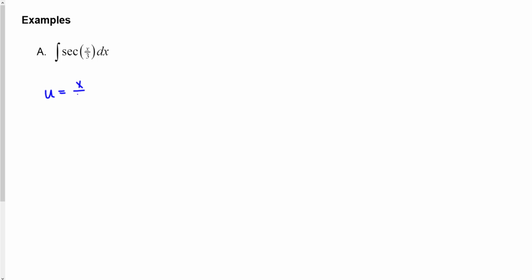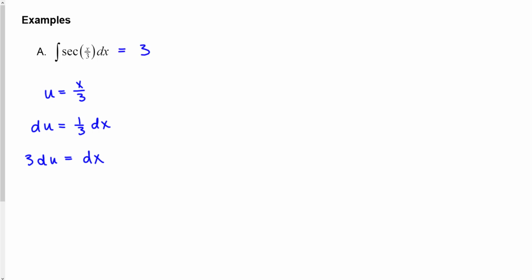So I'll let u be x over 3, so that du would be 1/3 dx. On the outside of the function, I don't have a 1/3 multiplier anywhere, so I'll multiply both sides of this equation by 3, so that I can say 3 du is equal to dx.